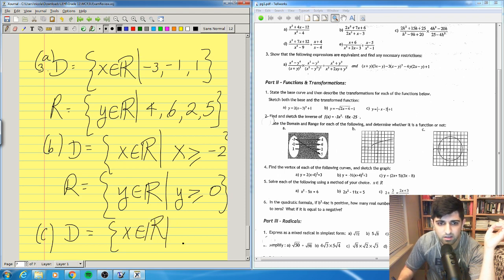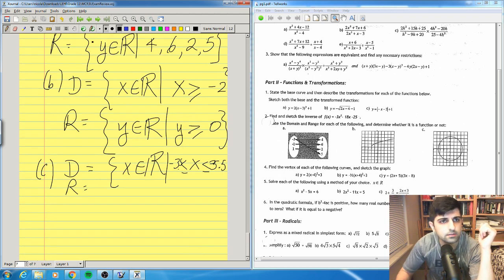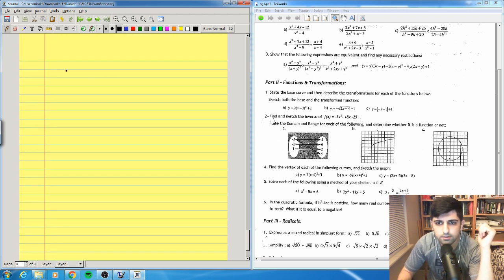Like it's going to be x less than or equal to -3.5, less than or equal to 3.5. And the range is going to be the same, but for y values, right? So there's that. Next page.